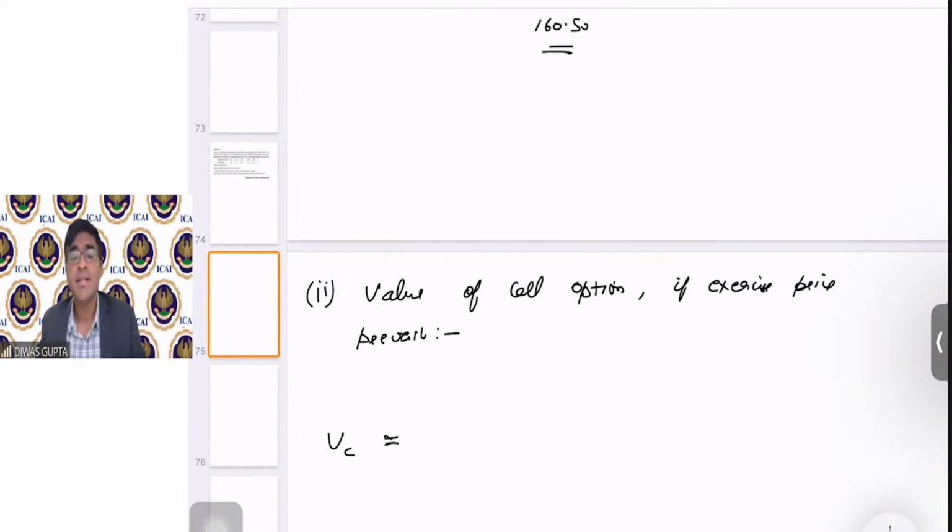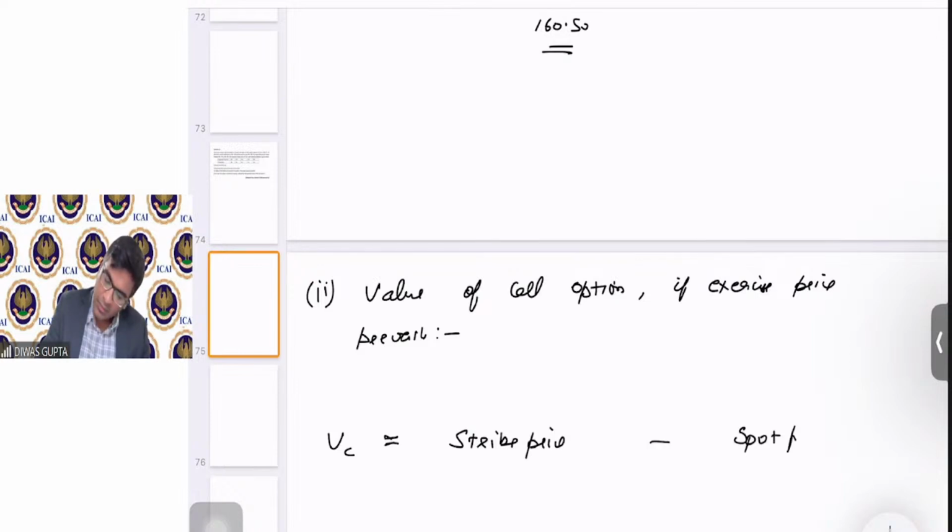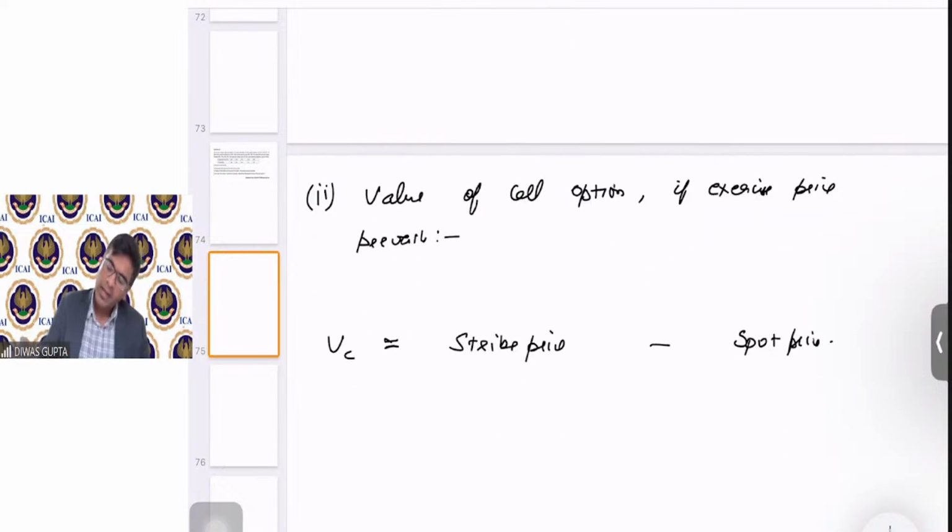Strike price minus the spot price. And the question says that the strike price itself prevails. So whatever is the strike price, the spot price also becomes equal to that. So 150 minus 150, which is equal to 0.